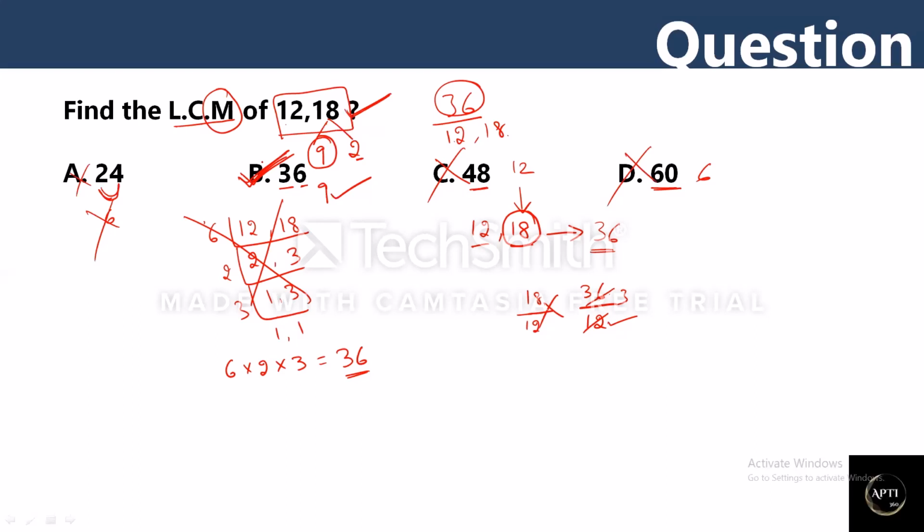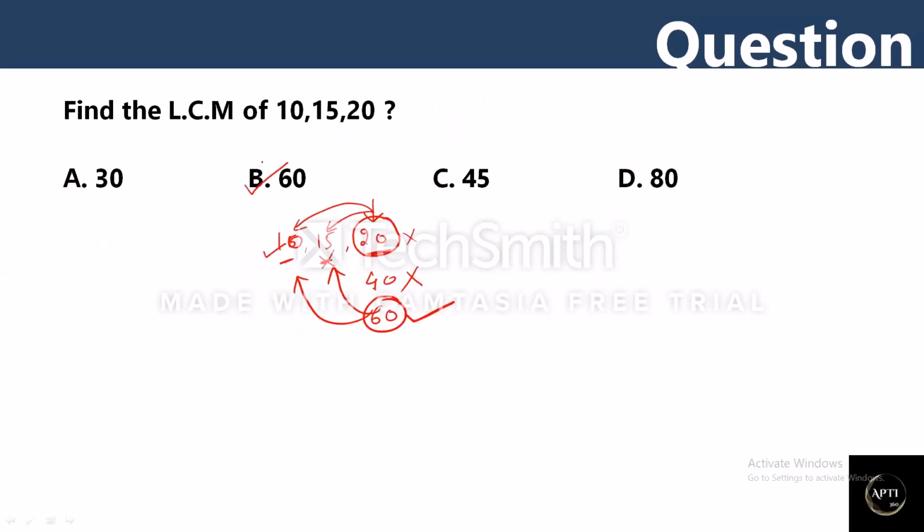Now similarly we are going to follow this for the remaining questions as well. If you observe these numbers, 10, 15, 20, you should check with all the numbers, but before that, for 15 it should satisfy divisibility by 5 and 3. Check the divisibility rule of 5. Of course, all numbers end with 0 or 5, so all options satisfy it. No need to bother about it.